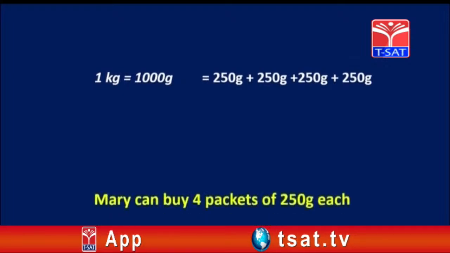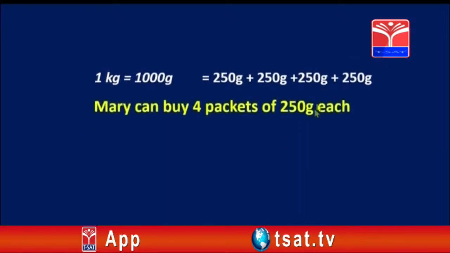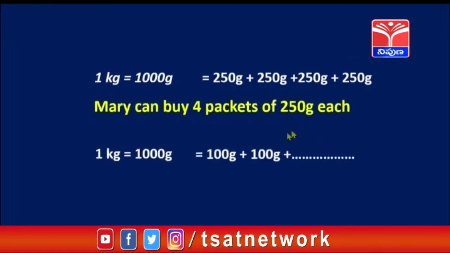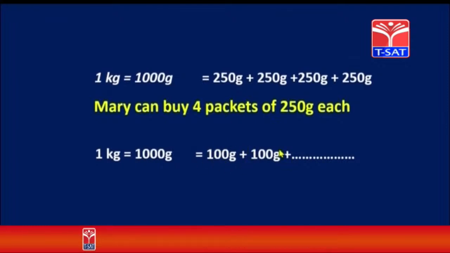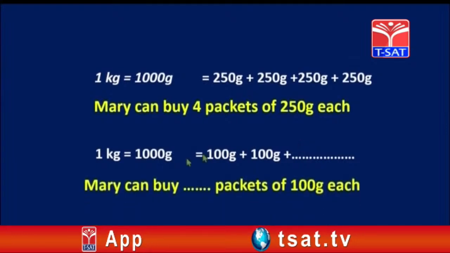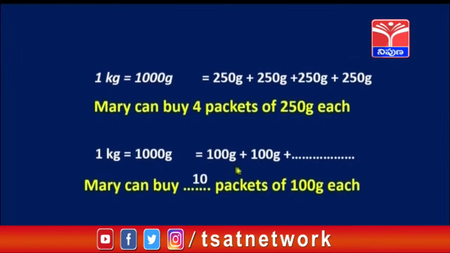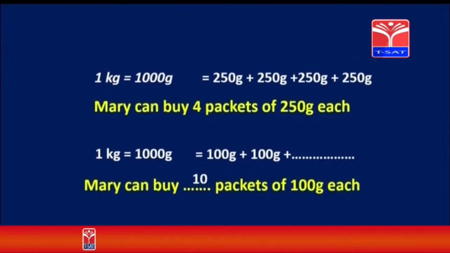That means she can take 4 packets of 250 grams each to make it 1 kilogram. Look at another way. If she wants to take 100 gram packets, how many packets does she have to take? Yes, you are right, children. Mary can buy 10 packets of 100 grams each. Ten 100 grams make 1 kilogram. That means ten 100 grams is equal to 1000 grams.